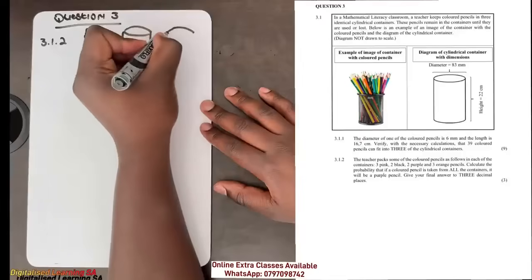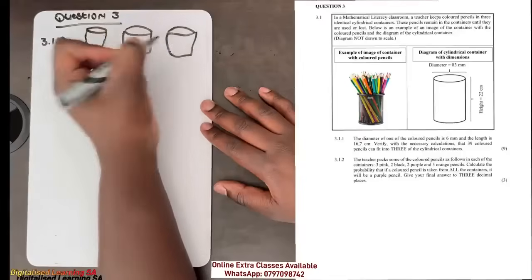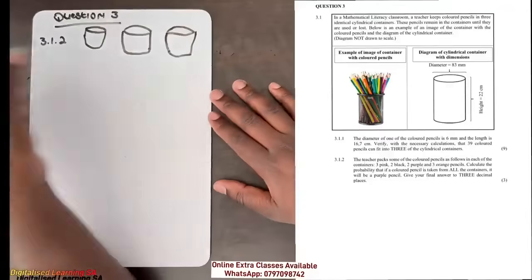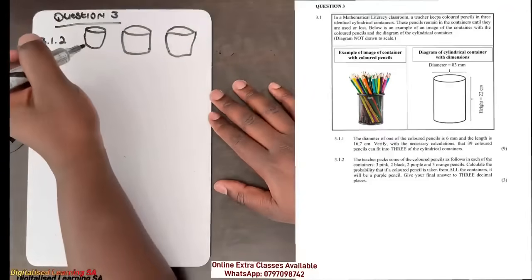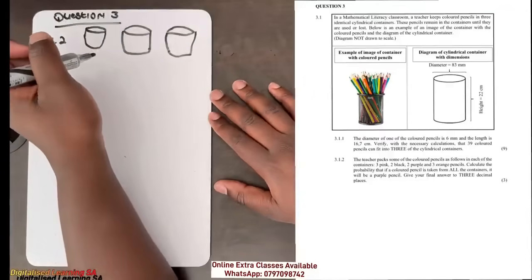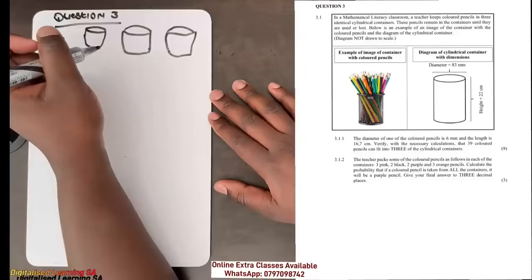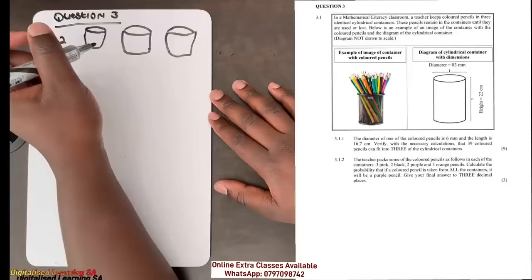So maybe we can just show them just a bit. Yeah, excuse my drawings, guys. So we have 3 cylindrical containers. We are told that the teacher packs some of the colored pencils as follows in each of the containers: 3 pink, 2 black, 2 purple, and 3 orange pencils.